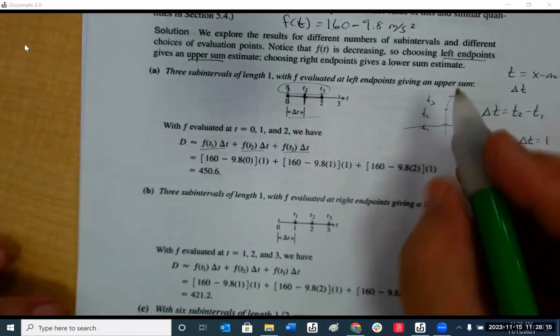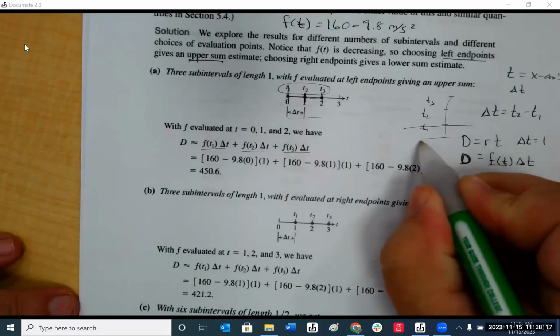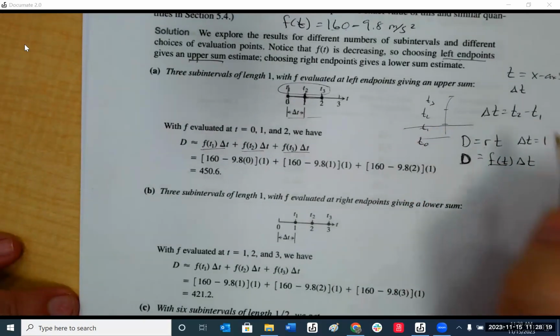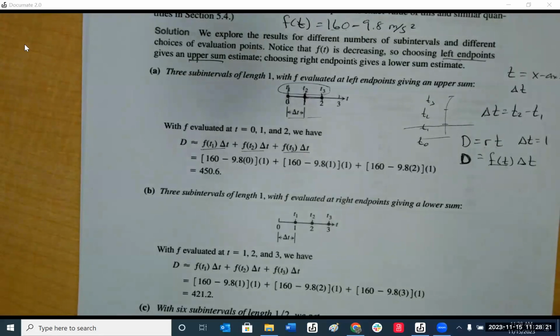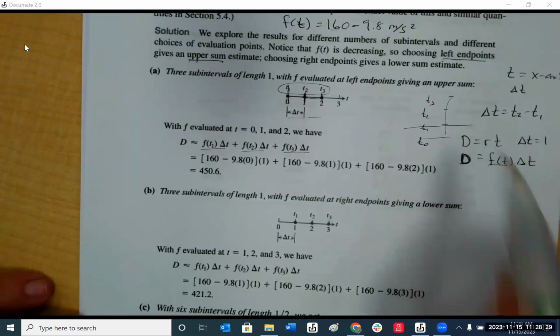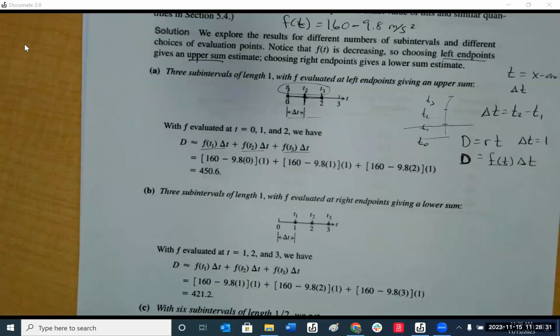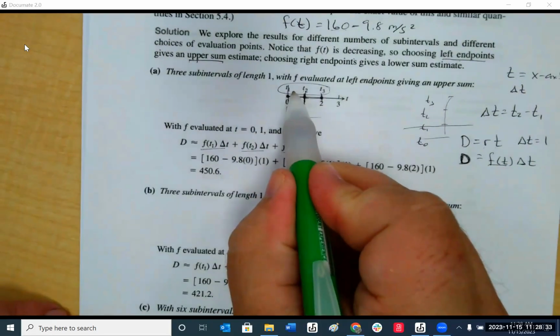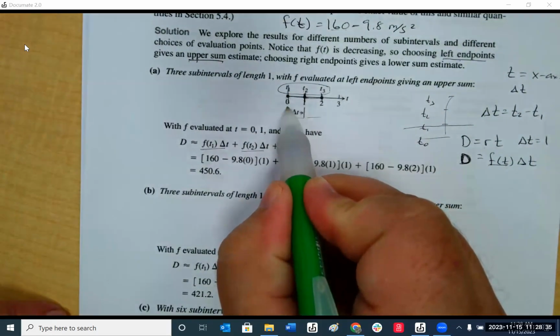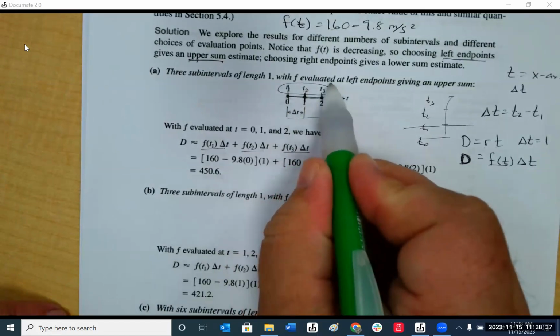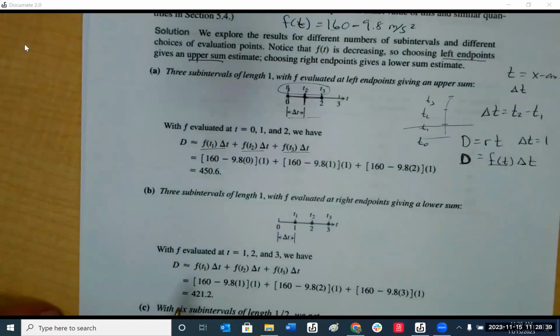If you don't have a time zero, then your time one will be your initial value. If it doesn't say t0 is your initial, then we say our first time value is at 0, our second time value is at 1, our third time value is at 2, because we're going to be looking for the average rate of all this anyway.